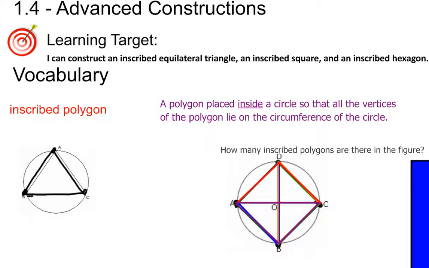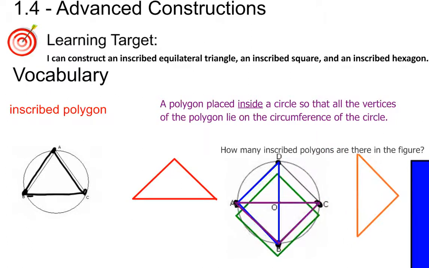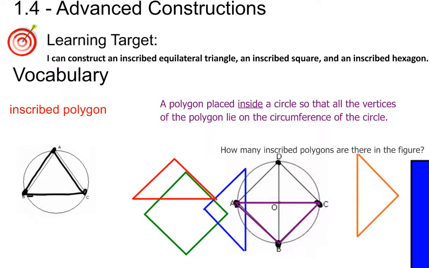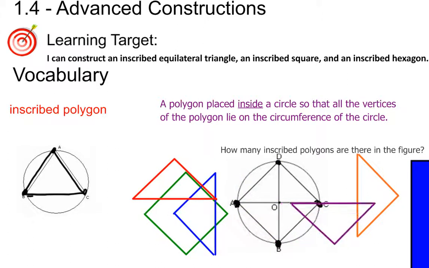So this triangle up here is 1 because each of those touch the circle. This orange triangle, they each touch there. The quadrilateral, each of these 4 vertices touch the circle. There's this blue triangle, and then there's this purple triangle. So there would be 5 in that example.